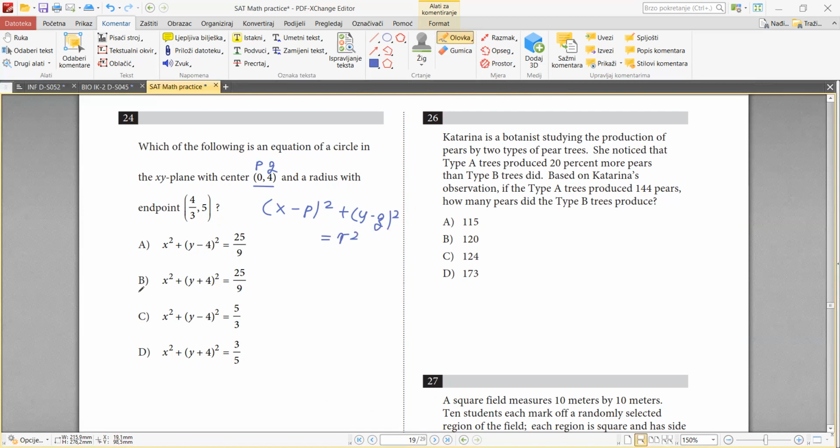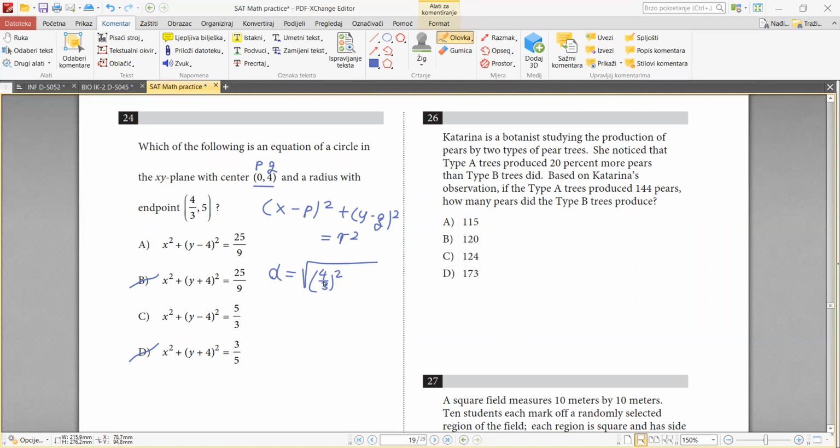So we can eliminate answers B and D. And now we want to find the radius. Radius is the distance between center and the endpoint. And the distance would be 4/3 squared.